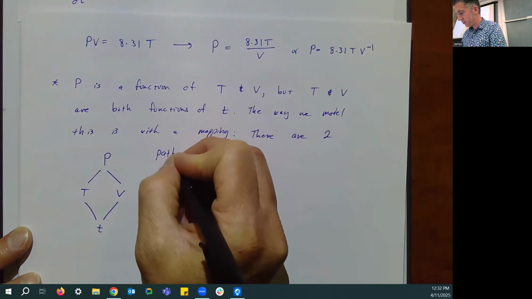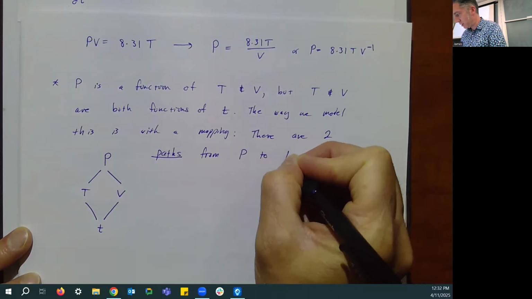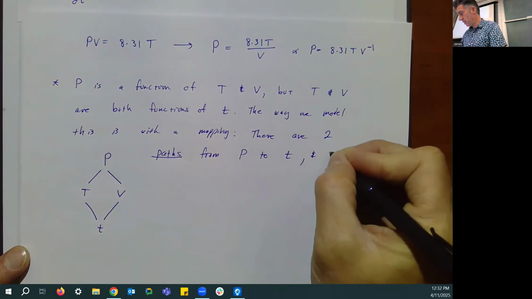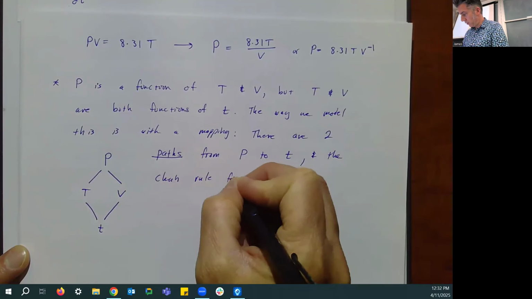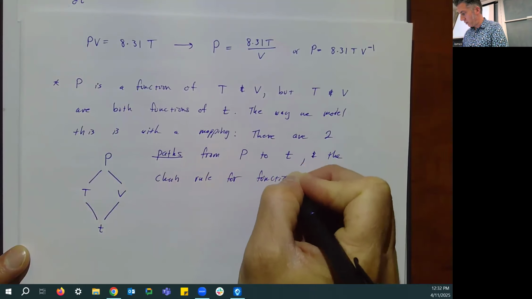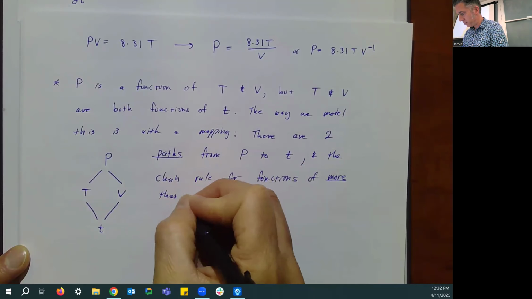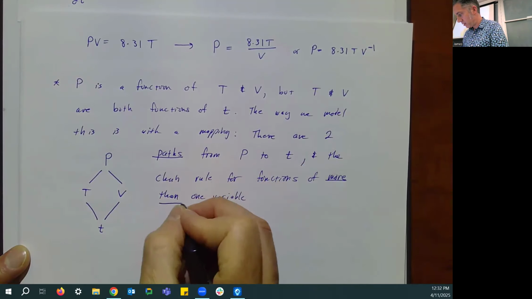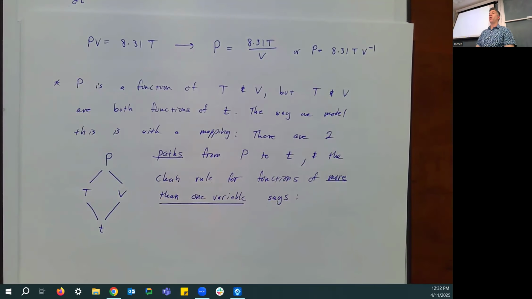And now we can see that there are two paths from P to time. The chain rule says, for functions of more than one variable, you have to take all the paths from P to t if you want to find the derivative.